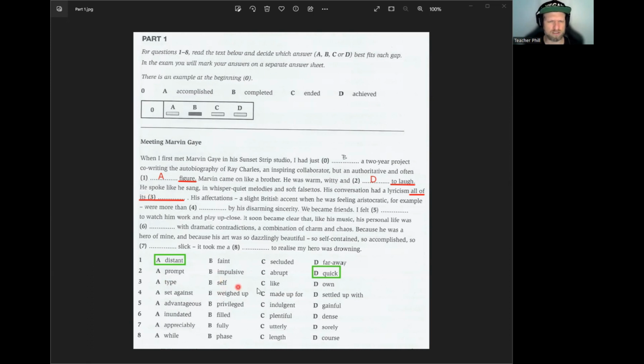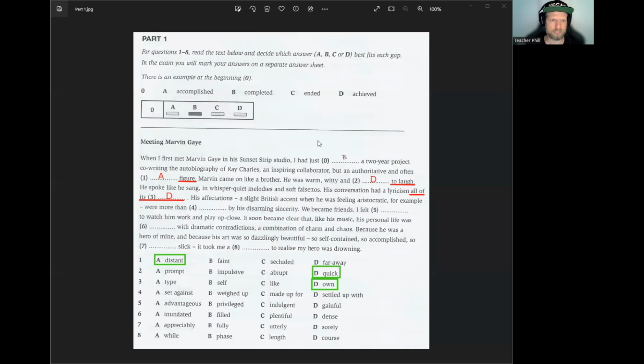And all of its like, maybe the like of, I don't know. These don't make a lot of sense. I think own is the only one I would consider here, because that is definitely an expression that we use in English, all of its own, that there's a uniqueness to the way Marvin Gaye spoke. So I would choose D here as well.